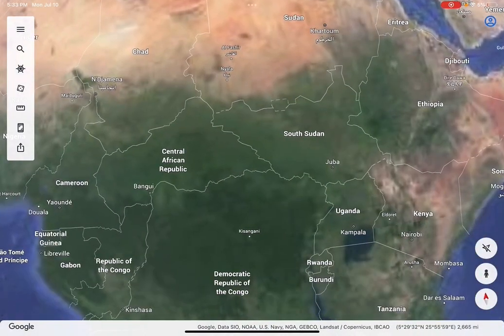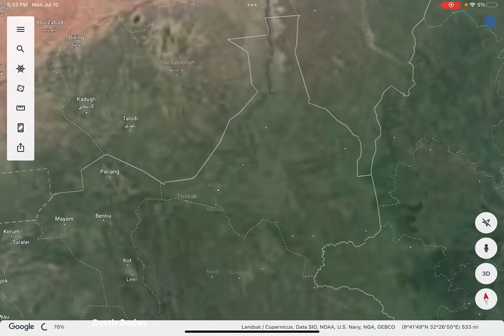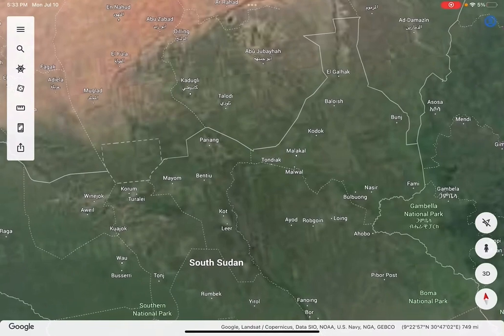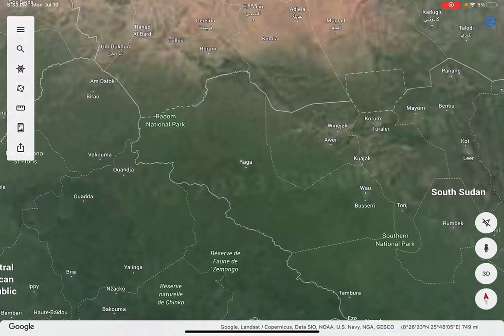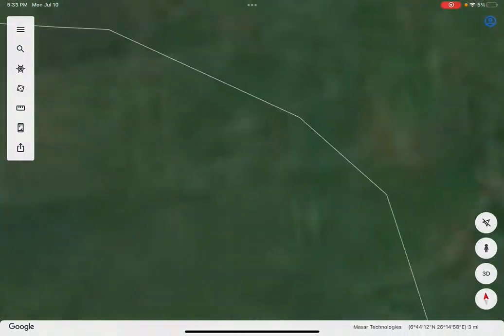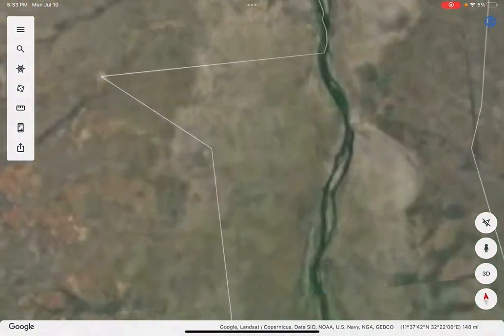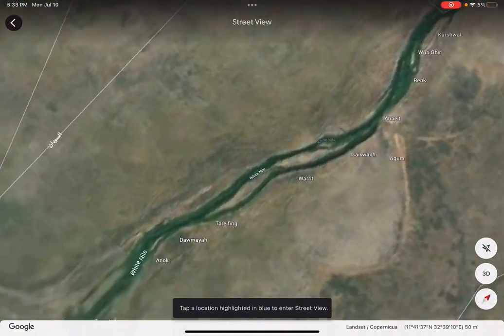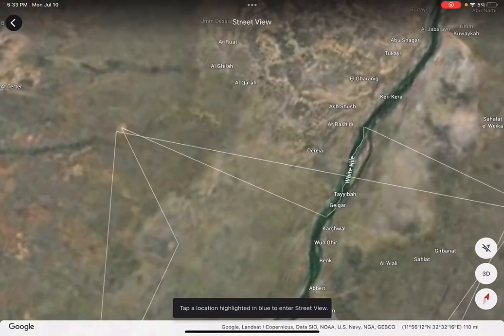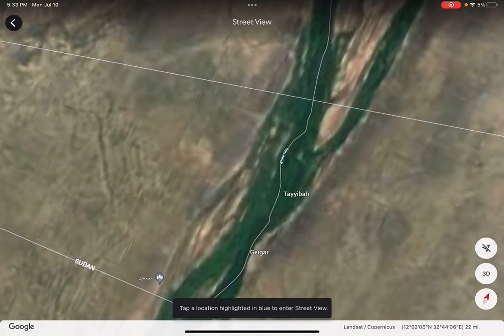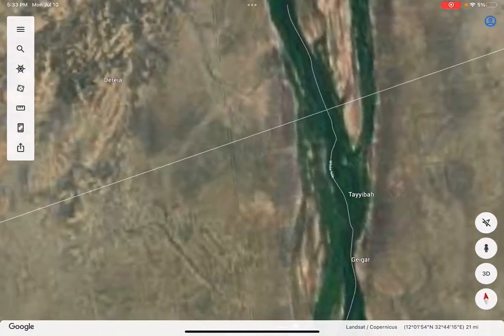Now I'm going to get into a little history, but first we're going to finish geography. There are rivers along South Sudan's borders too. This is the Nile River entering into Sudan. This is the White Nile River, and this is the river between Sudan and South Sudan.